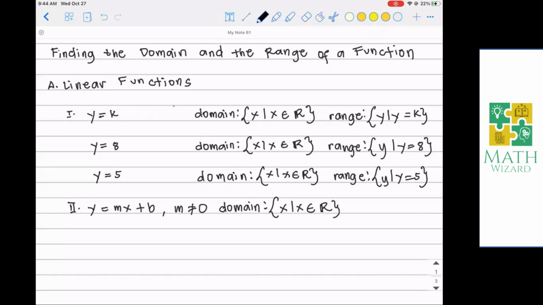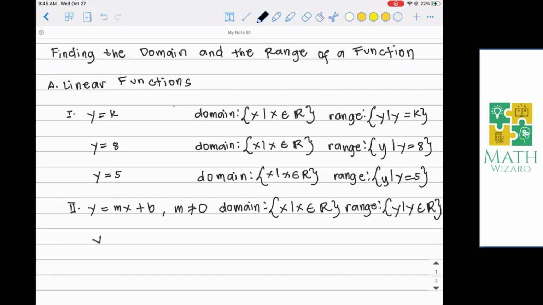Again, if it's in the format of y is equal to mx plus b, and m should not be equal to 0, therefore, the domain is the set of all the real numbers. How about the range? So, ang magiging range din natin, kapag it's in the format of y is equal to mx plus b, ang ating range din ay y, such that y is the set of all the real numbers.